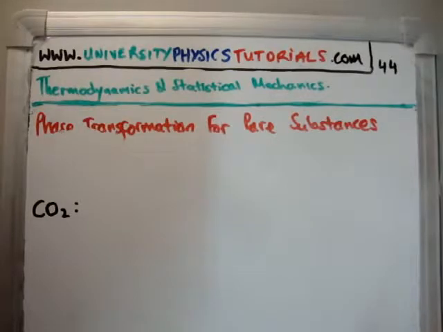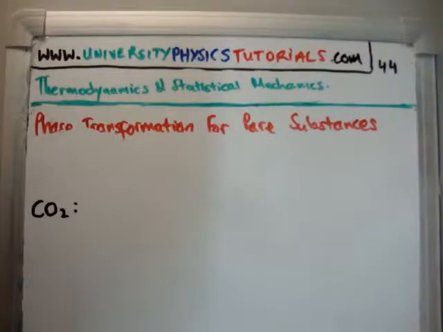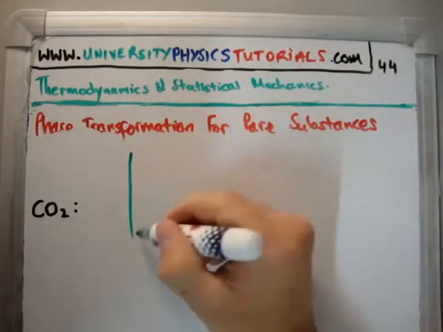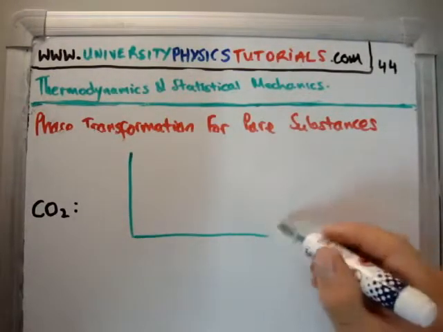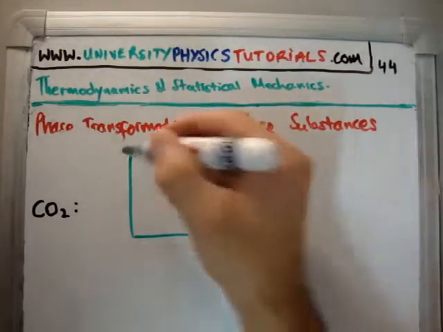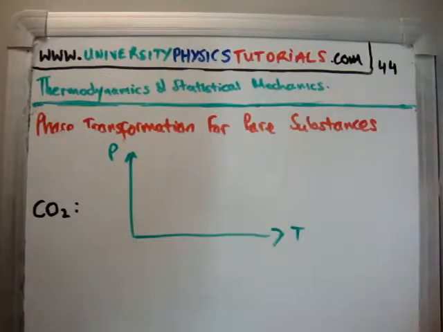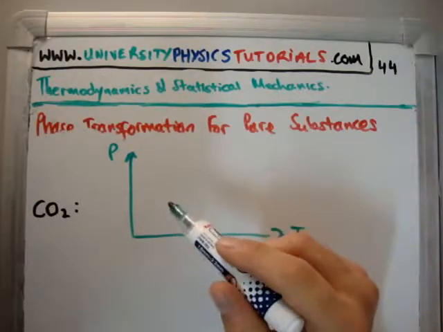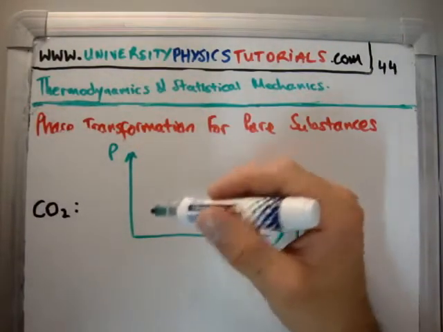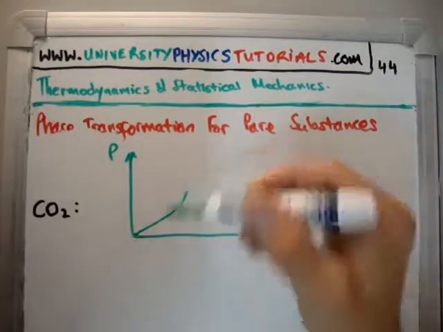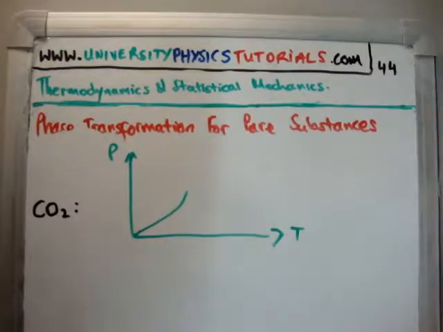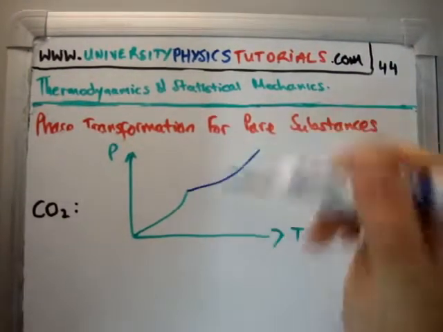So if we plot CO2 on its phase diagram, we're plotting it as a function of both pressure and temperature. Temperature is on the x, and pressure is on the y. You just have to believe me here. So it looks something like this, and it branches out here like that.